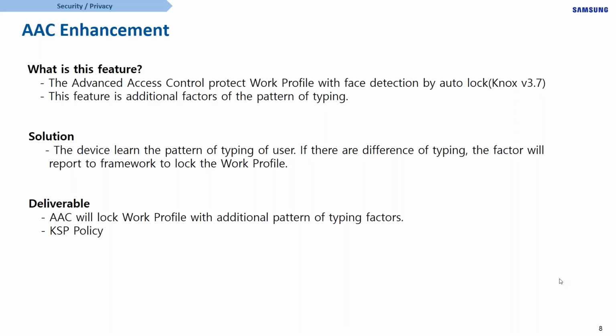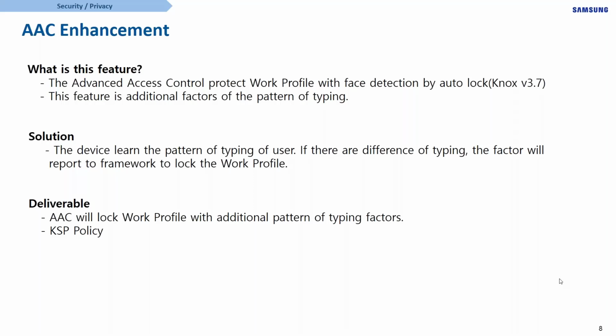My front camera will detect, oh, this is not Shivam, and it will lock the work profile, which periodically triggers the face authentication with the device's front camera and reports the result to the Knox framework system. In Knox 3.8, we have gone one step ahead and brought in a new feature, and we call it touch dynamic factor.